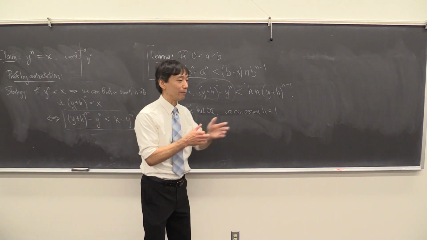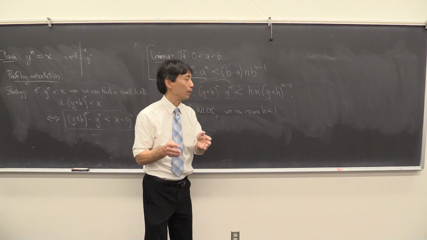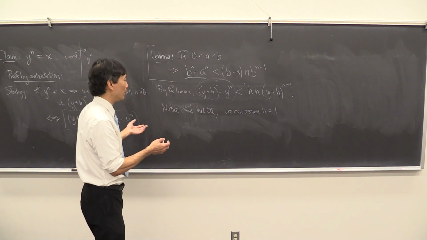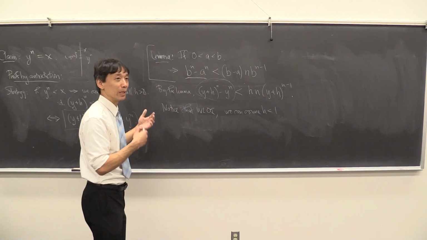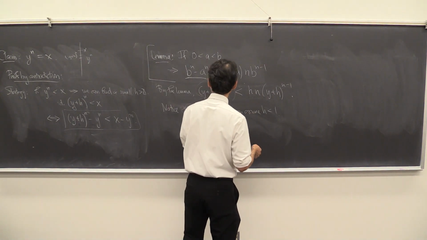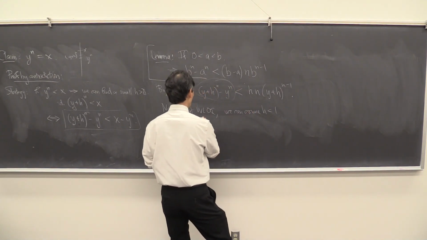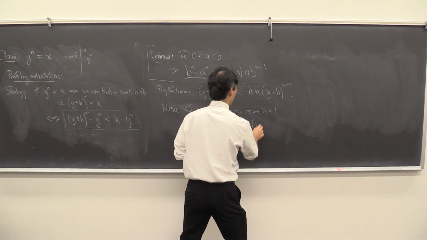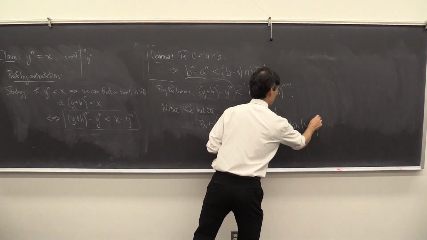We don't have the freedom to look over the whole real line. We're going to restrict ourselves to the interval 0, 1. This is okay because it's just adding on conditions. We're not making things easy for ourselves, we're making things harder. So it's okay to assume that h is smaller than 1. But then h times y plus h to the n minus 1 is less than h times y plus 1 to the n minus 1.